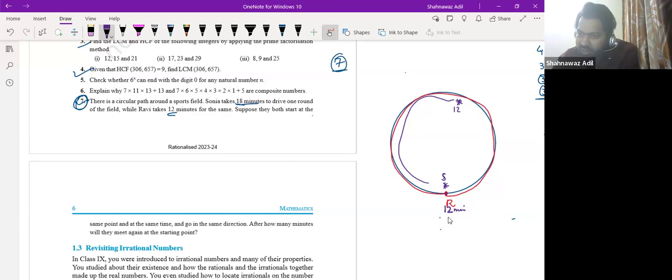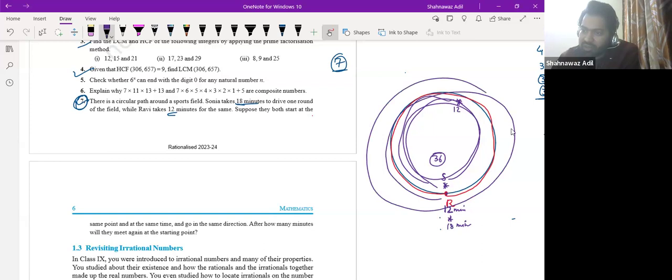In 18 minutes, Sonia is at this position, but Ravi has crossed this path, so both will not meet at this point. As you guys have got 36 minutes, in 36 minutes Sonia will complete 2 circles and Ravi will complete 3 circles. Both will be at the same location in 36 minutes. That was the question, right?